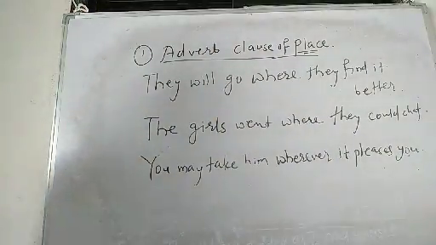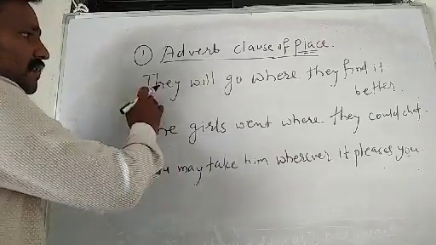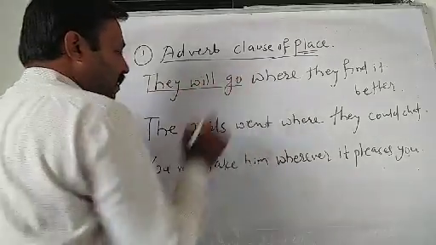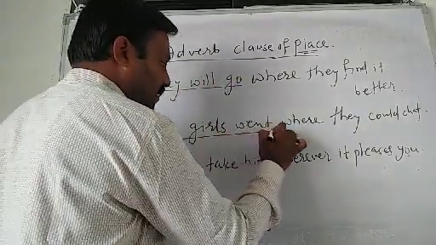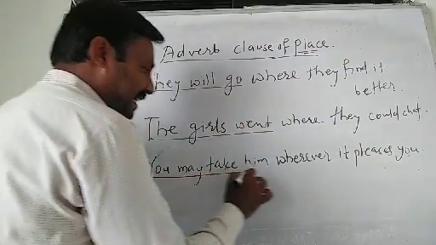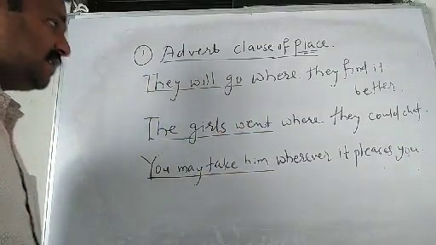So, if we think about these sentences, they will go, this is the main clause. The girls went, this is the main clause. You may take him, this is the main clause.